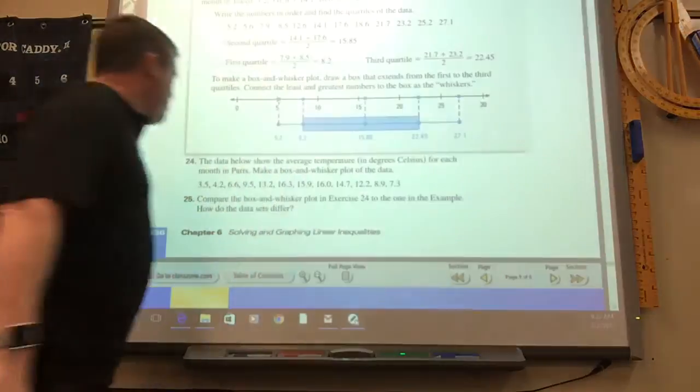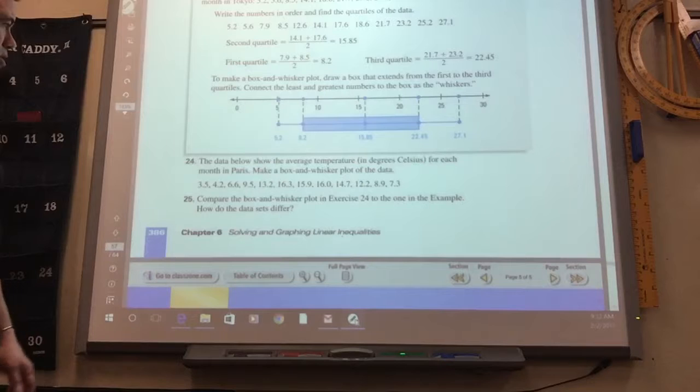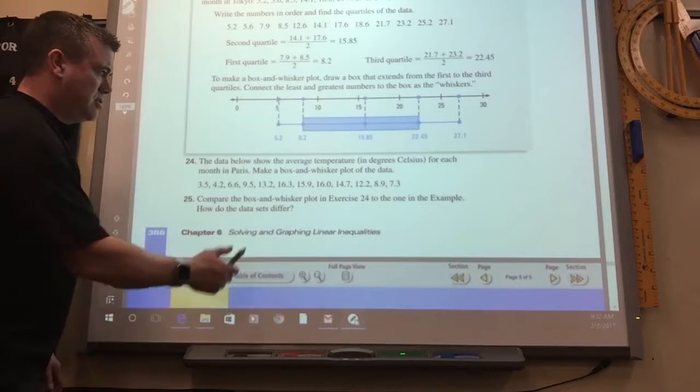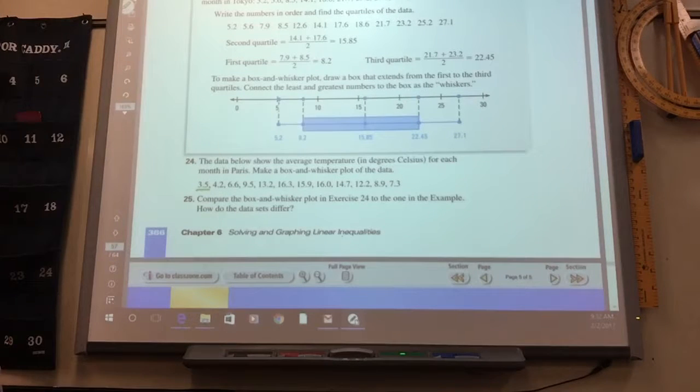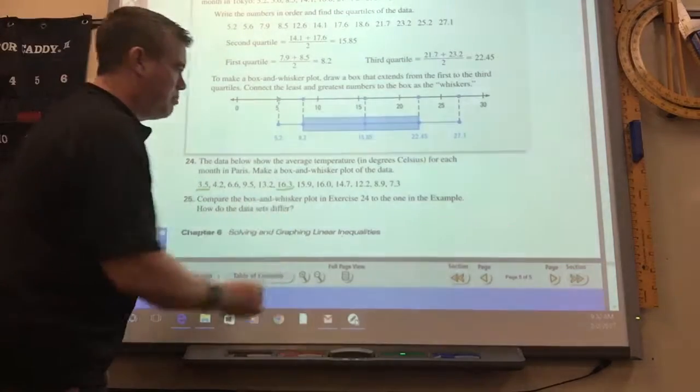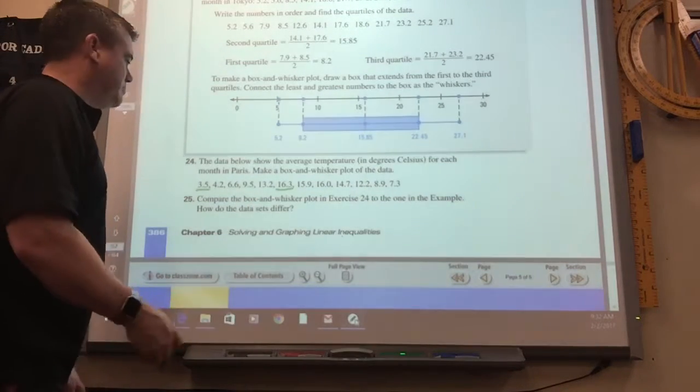Okay, then the box and whisker plot. Here we got to put these in order. So the smallest is, am I right, 3.5? And the biggest, 16.3? Okay.